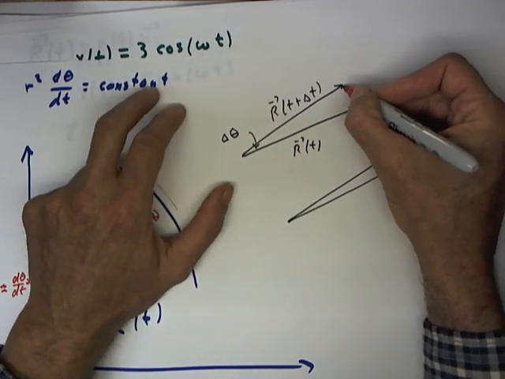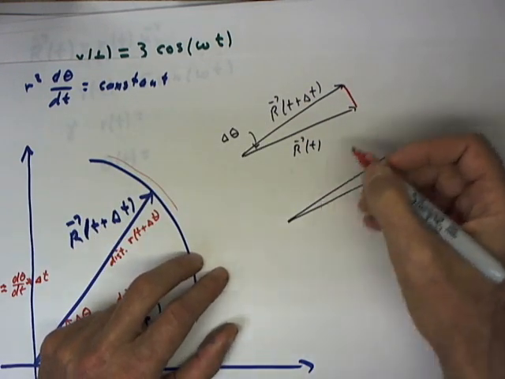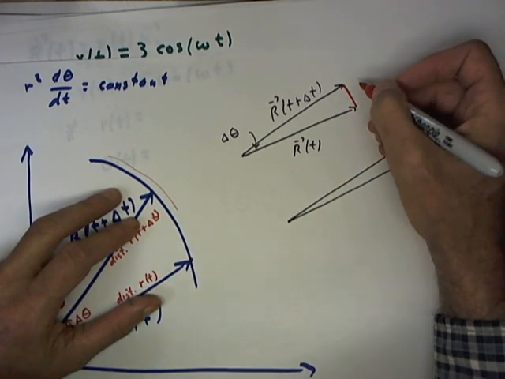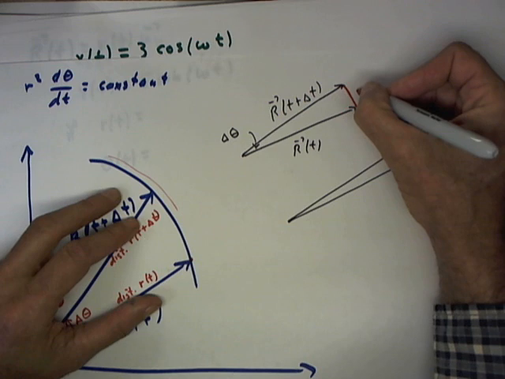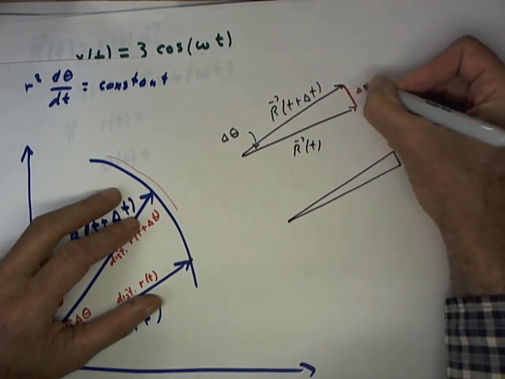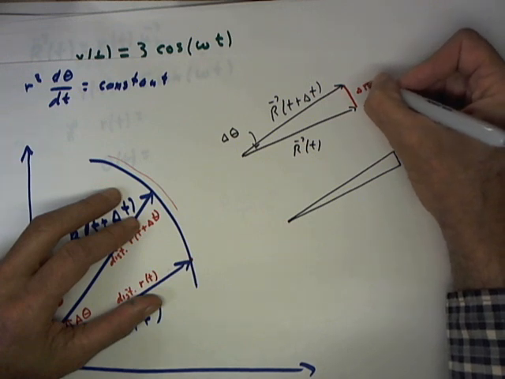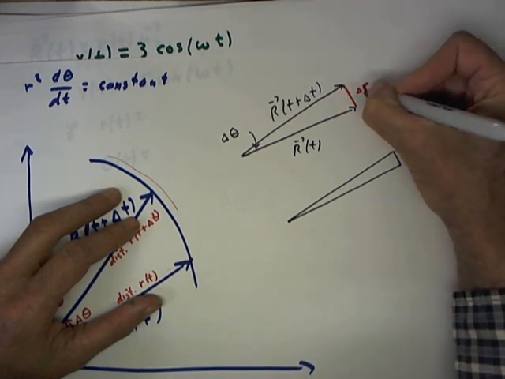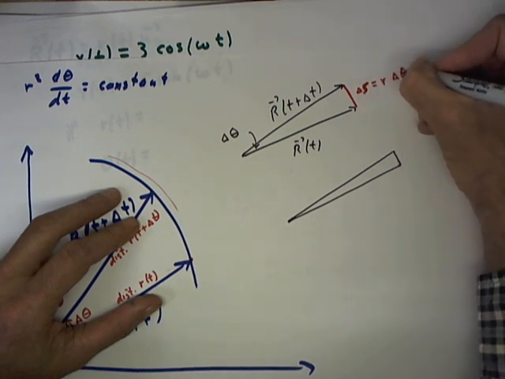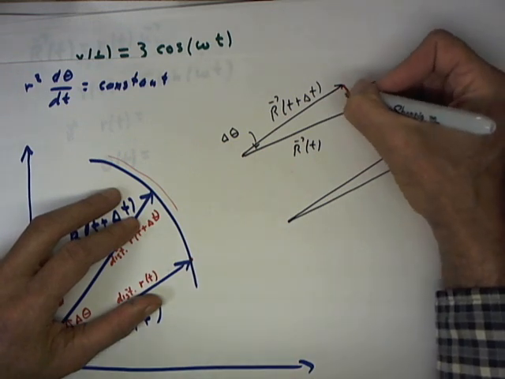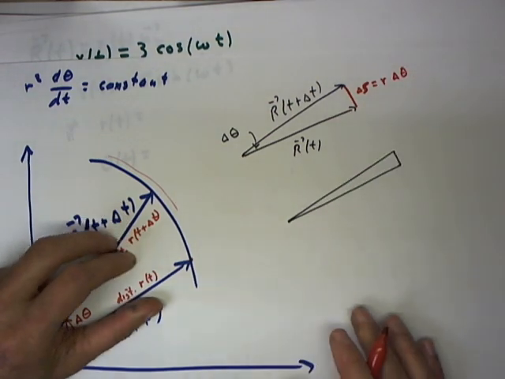If there isn't a whole lot of change in magnitude, and there won't be if delta t is small enough, then the distance from here to here, by the definition of the radian, is simply, and that's unfortunate notation, but let's use delta s equals r times delta theta, so that this displacement has a magnitude equal to r times the change in the angle theta.